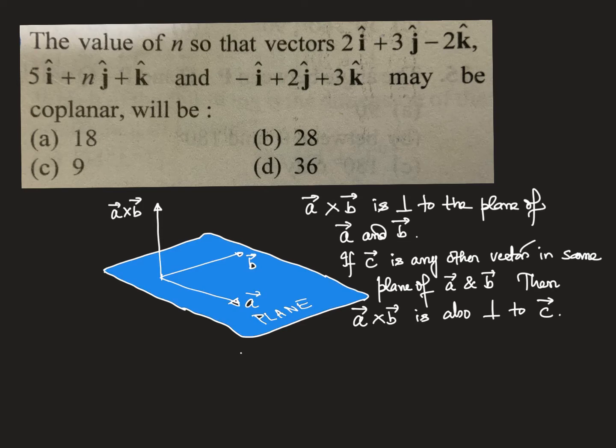If C is coplanar with A and B, then between A cross B and C the angle is 90 degrees. A cross B will obviously be perpendicular to C also.